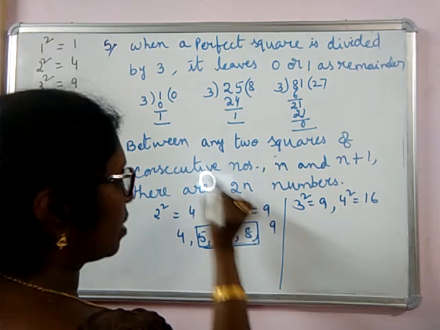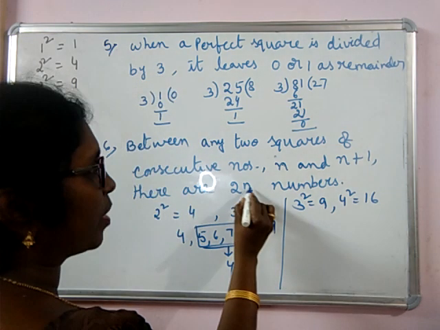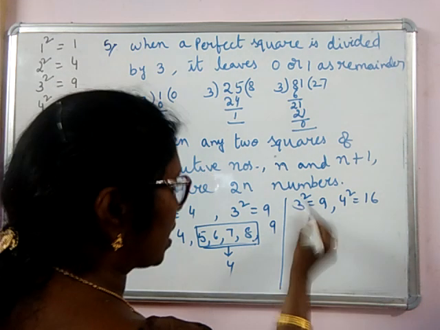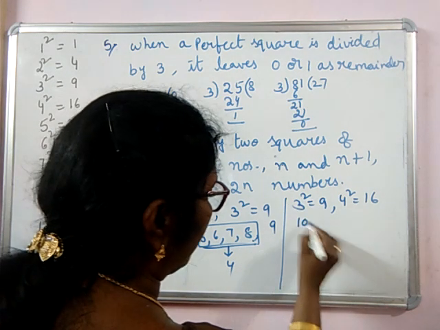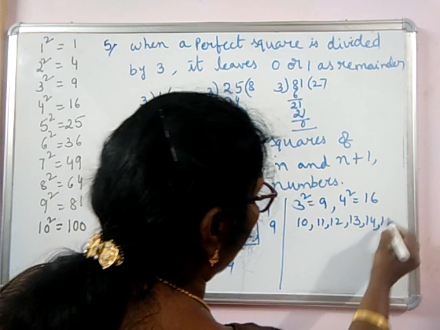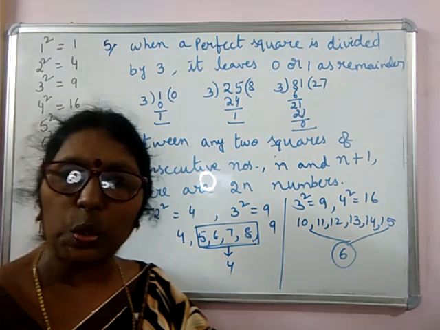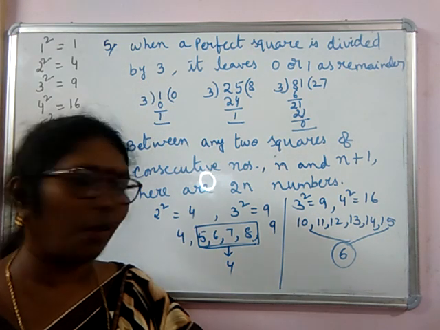So, as per this property, in between 9 and 16, there are 2n numbers. 2n means 2 threes are 6. After 9, we have 10, 11, 12, 13, 14, 15. These are 6 numbers, or not? 2 threes are 6. Yes or no?